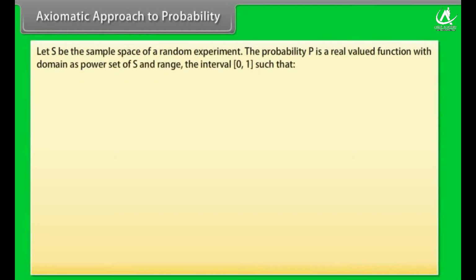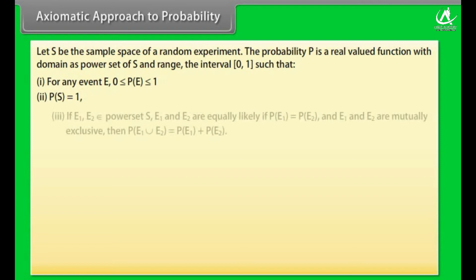Axiomatic approach to probability. Let S be the sample space of a random experiment. The probability P is a real-valued function with domain as power set of S and range the interval 0, 1, such that 1. For any event E, 0 is less than or equal to P(E) less than or equal to 1. 2. P(S) is equal to 1.